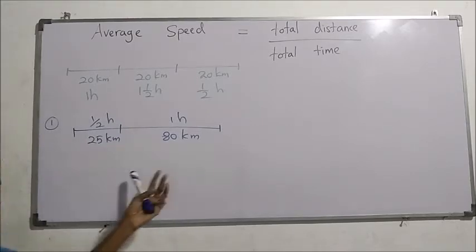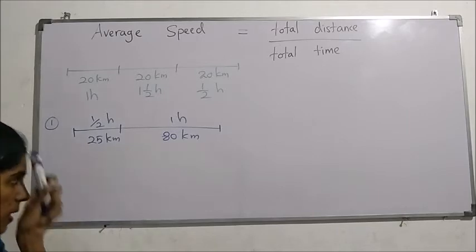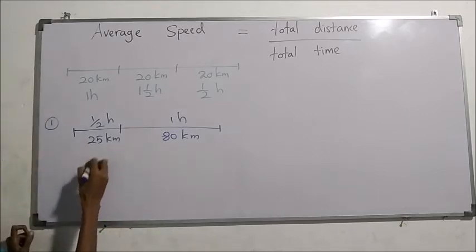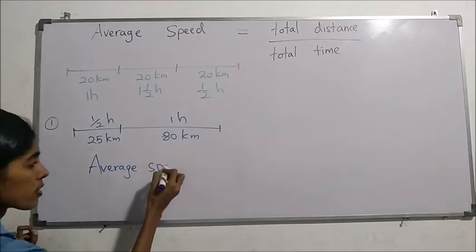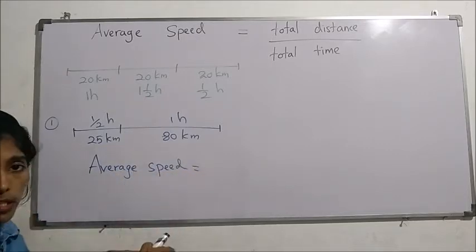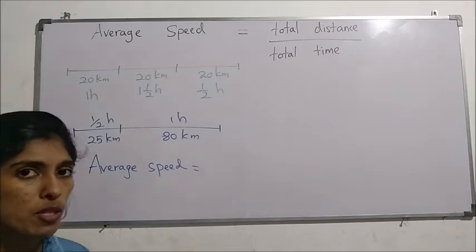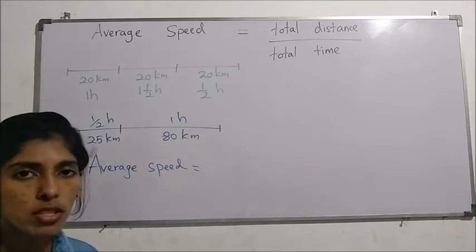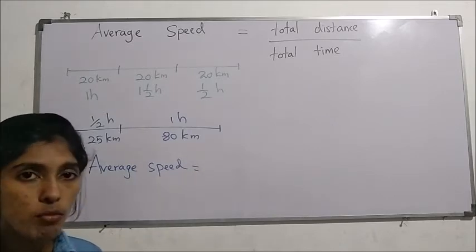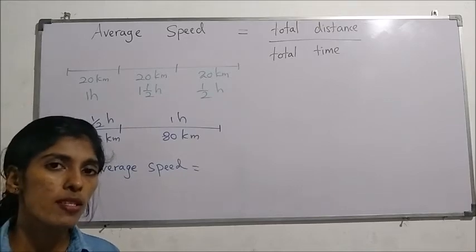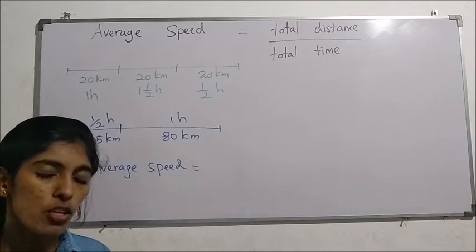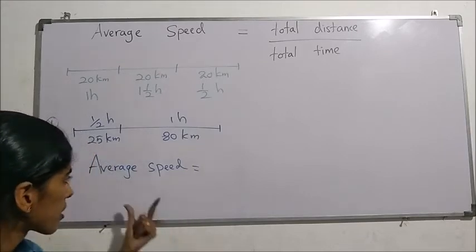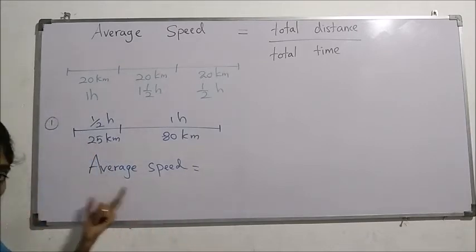Now it's clear that the speeds are different, but it doesn't matter. Clearly see whether you need to find the average speed or the uniform speed. It's clearly mentioned in the questions. In earlier examples, when you go through the questions, they especially mention uniform speed, but here it's clearly mentioned average speed.